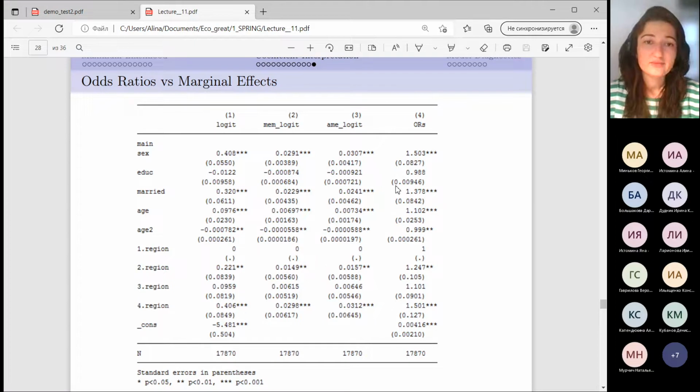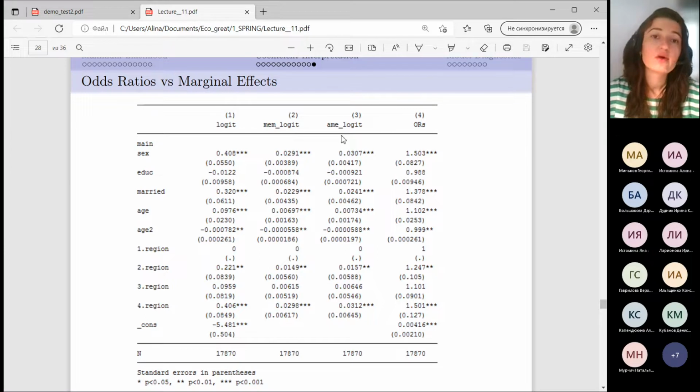Now let's combine in one table, first, the coefficients from the logit model, these coefficients that we can't interpret. Then in the second column, we present the values of marginal effects at the mean value.